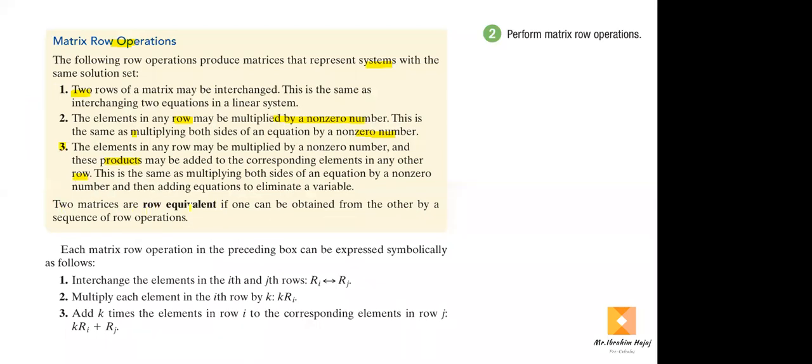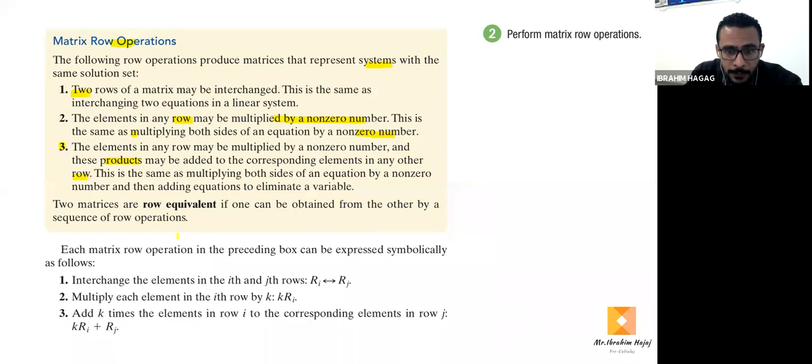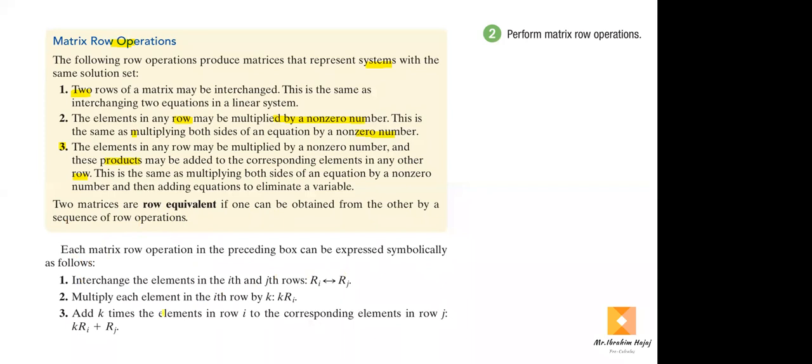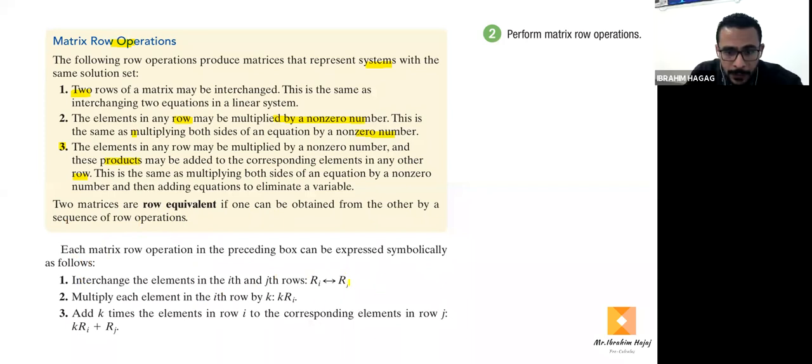Two matrices are equivalent if one can be obtained from the other by a sequence of row operations. We can do this with simple symbols. We can write R1, the first row, for example, is interchanged with R2. Multiply each element in the first row by k, for example by 3, that is 3R1.